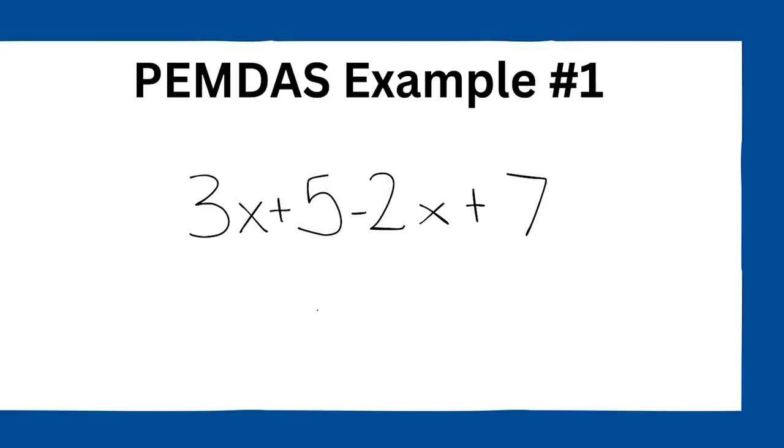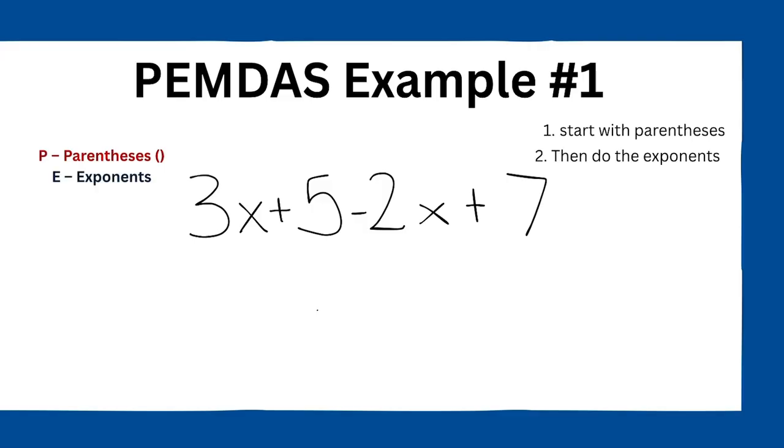So let's do an example using PEMDAS. I have 3x plus 5 minus 2x plus 7. Now, I'm going to start with parentheses. I don't see any parentheses in this equation, so I'm going to move past that. Now let's start with the exponents.